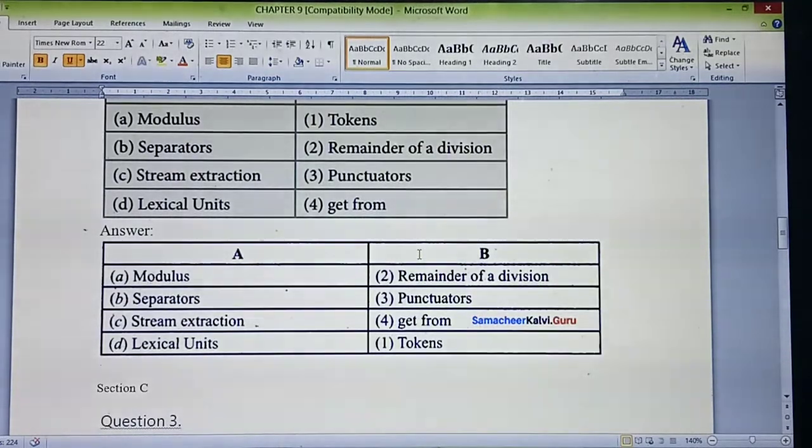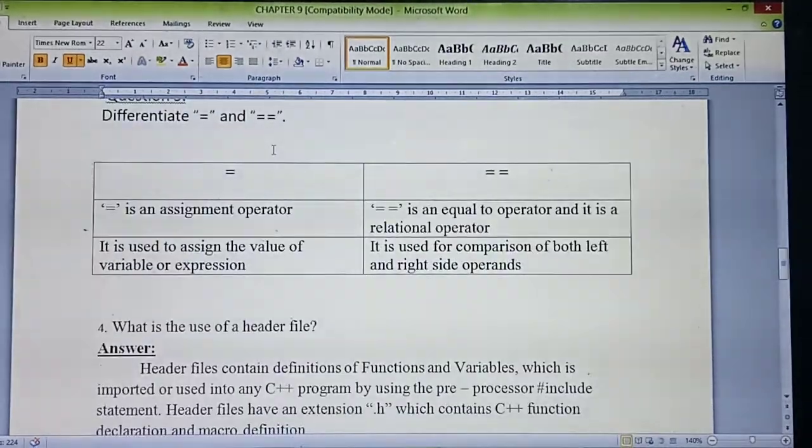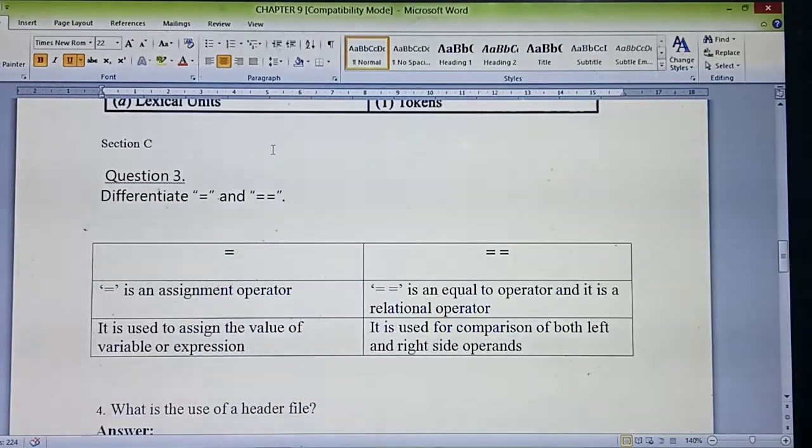Have you all matched? Option A is 2. Then separators means punctuators, 3. Stream extraction means get from, option 4. D, lexical units means tokens, 1. Marked? Okay.